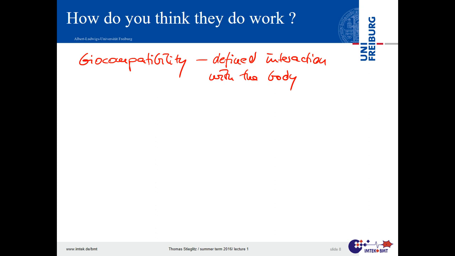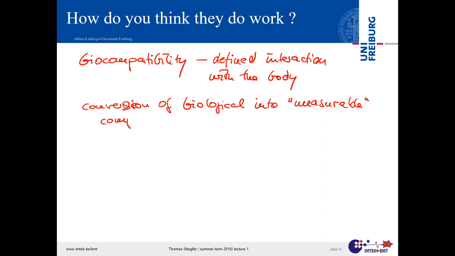What else comes to your mind? They convert this biological component into a measurable. Yeah. Conversion of a biological quantity. Be selective because the body is complex.